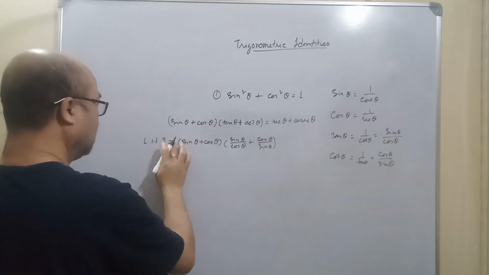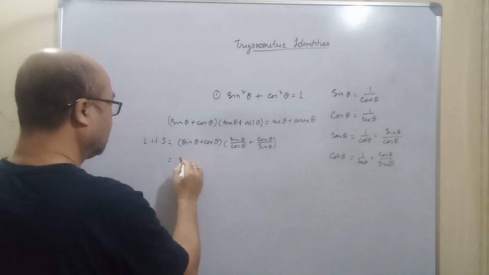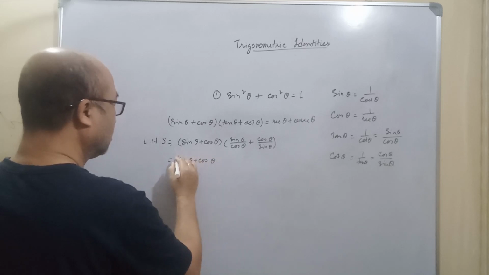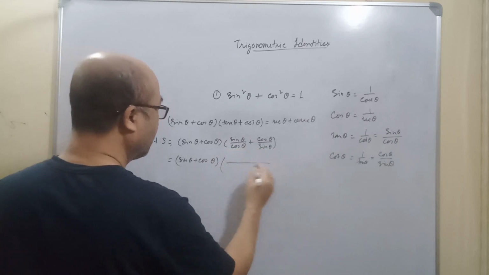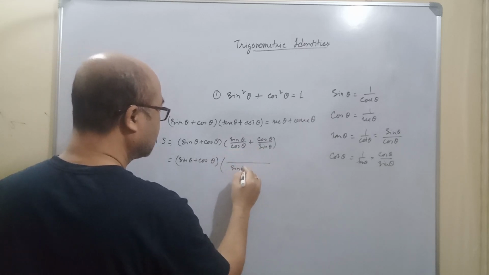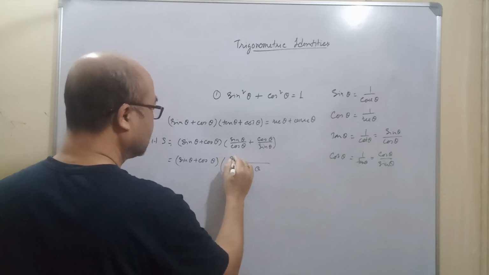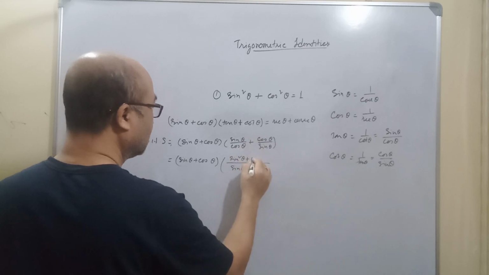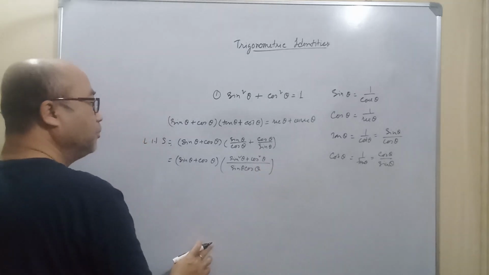Right? Which is equal to sin θ plus cos θ, taking LCM, sin θ cos θ. It is sin square θ plus cos square θ. Right?